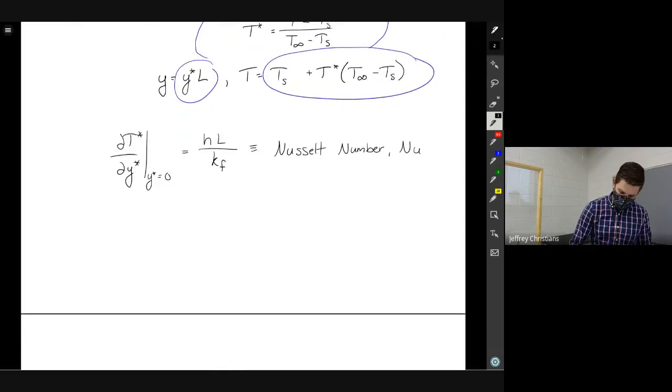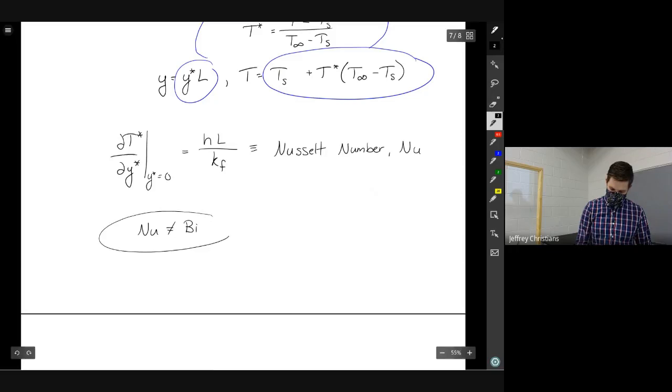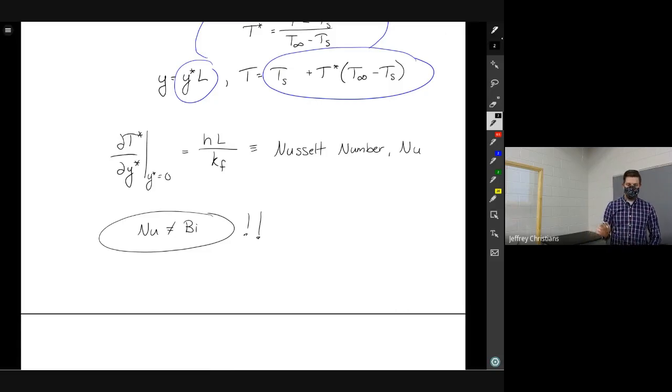So Nusselt is not equal to Biot, although they're very, very similar. I'm just going to circle that, put an exclamation point by it. They're not the same. The Biot number is talking about what's happening in the solid.